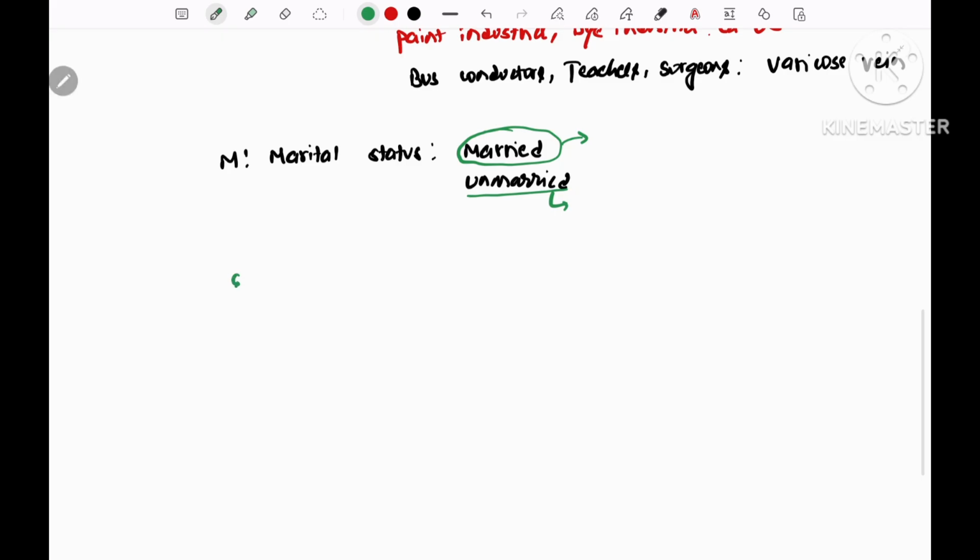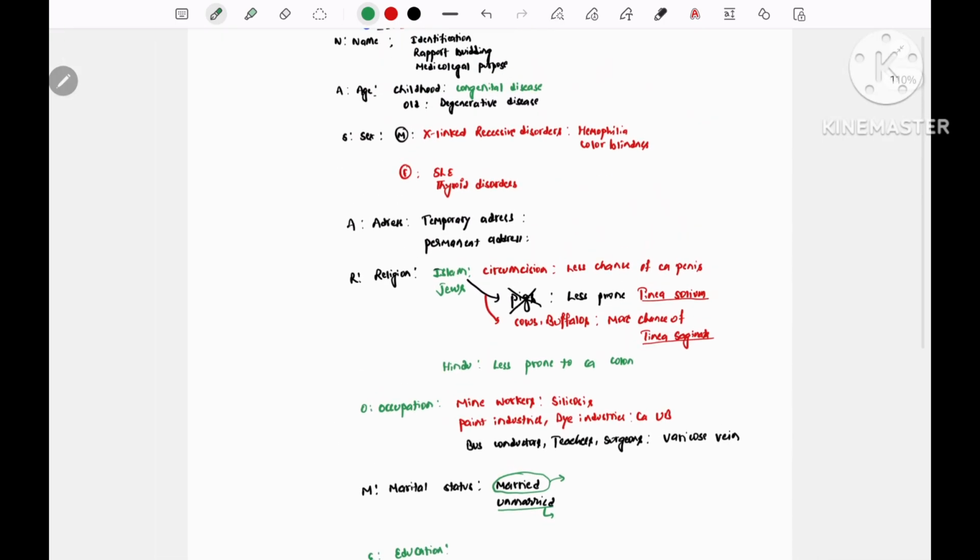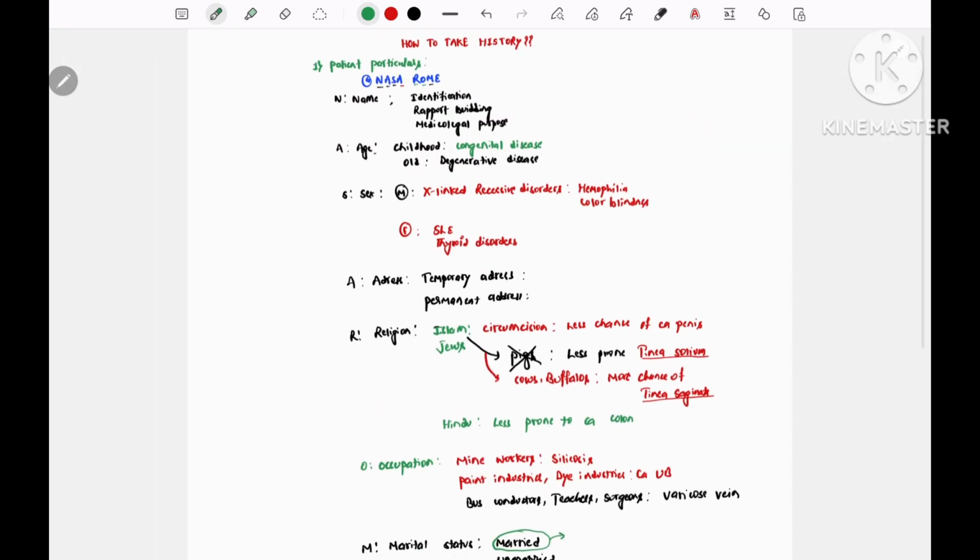Now the last one is education. Why is education important? It is because the education level tells how much he or she is educated, which helps the doctor counsel the patient at their understanding level. Okay, so by this, our patient particulars will be complete.